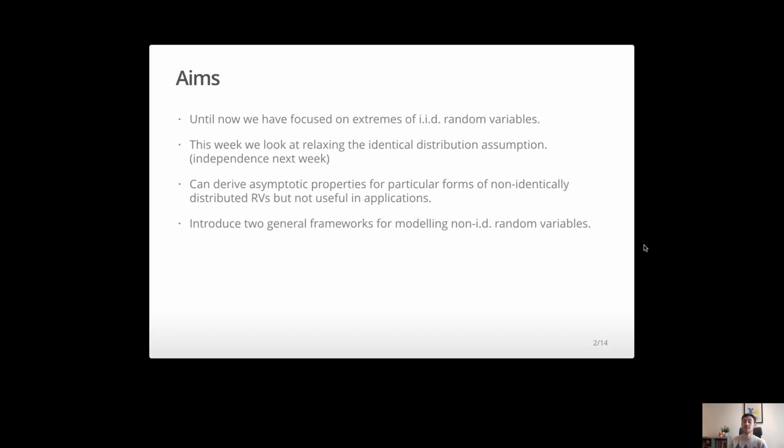This approach isn't that great in practice because you usually don't know going into things what your marginal distributions are going to be, and so you can't rely on a particular set of asymptotic properties that you've derived. What we're going to do instead is look at techniques from generalized linear modeling and from time series modeling to come up with two generalizations of the frameworks that we've already developed that can handle these non-identically distributed random variables.